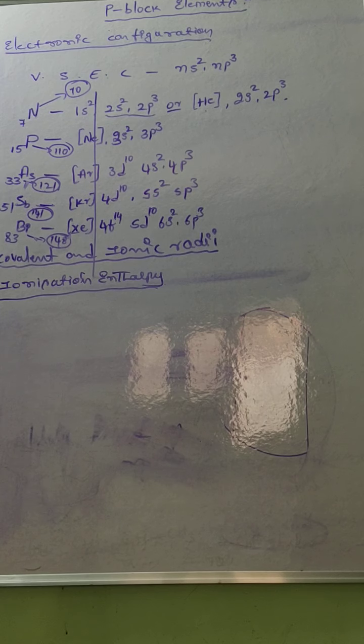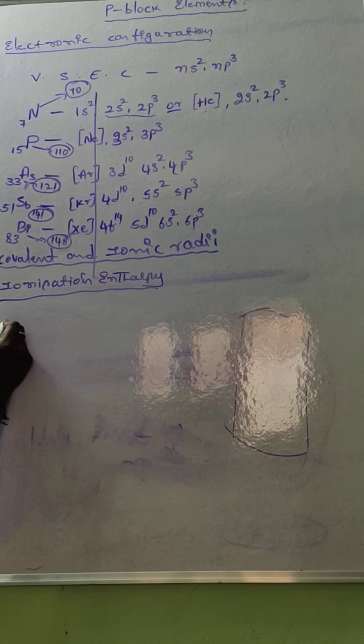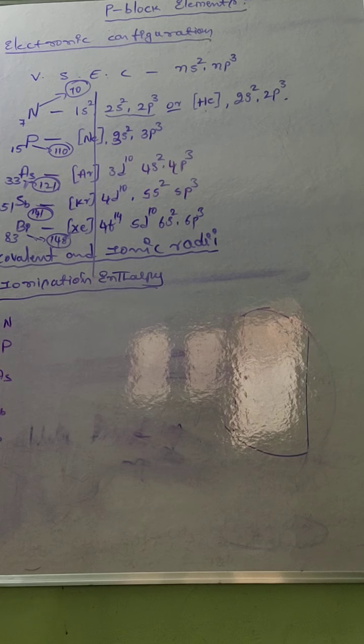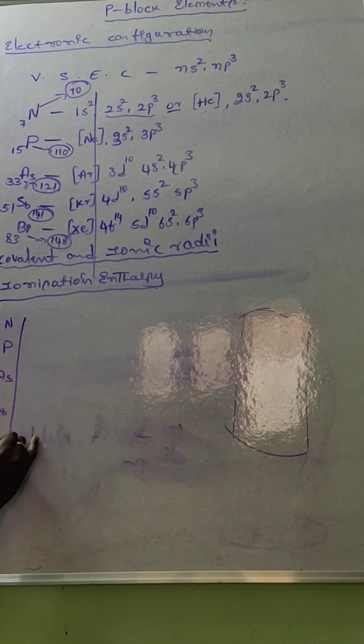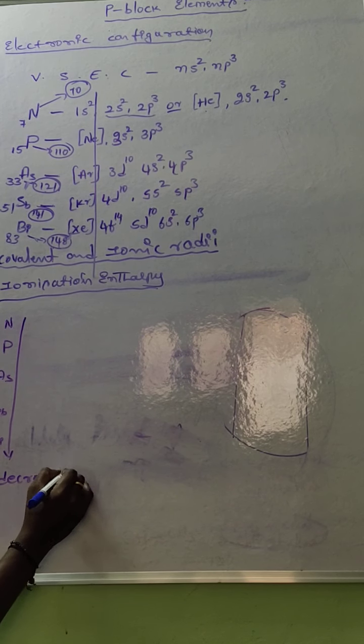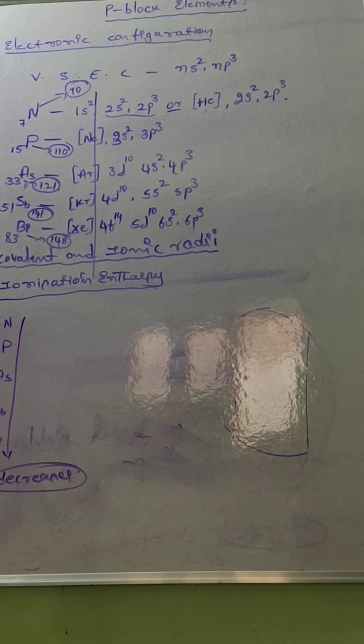In the 15th group elements, nitrogen, phosphorus, arsenic, antimony and bismuth, ionization enthalpy decreases down the group due to the increase in the size of an atom.